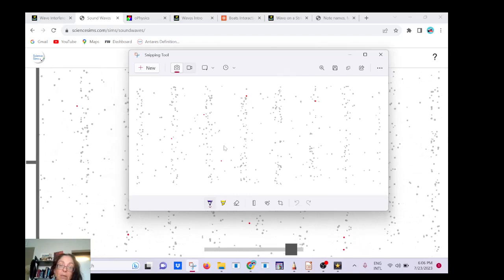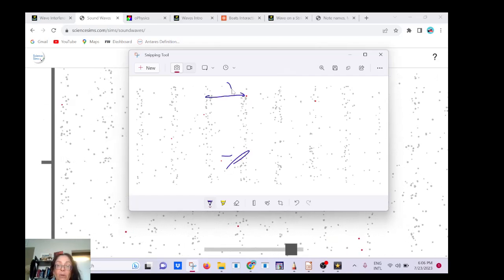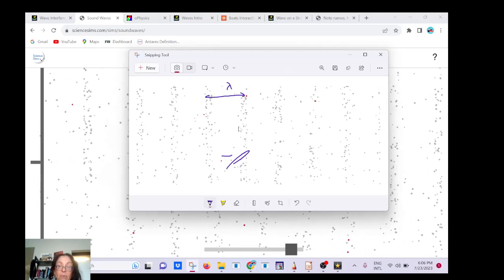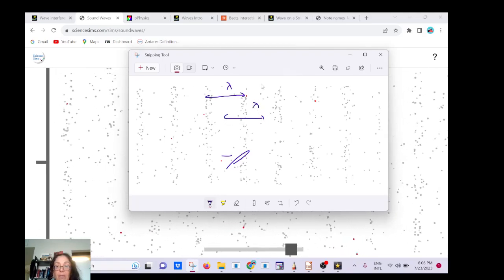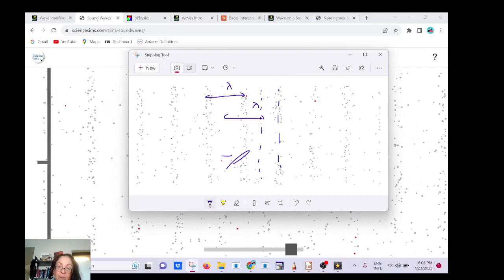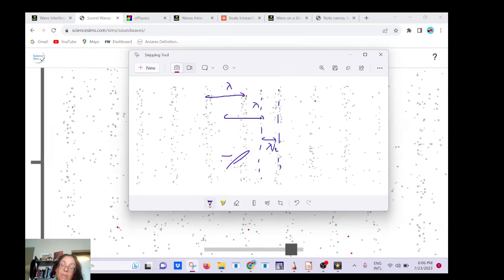My tablet doesn't work. So that distance here will be the wavelength. You can go from high pressure to high pressure, or low pressure to low pressure. That will be the wavelength. This is rarefaction, and that's compression. So from here to there is going to be half of the wavelength.